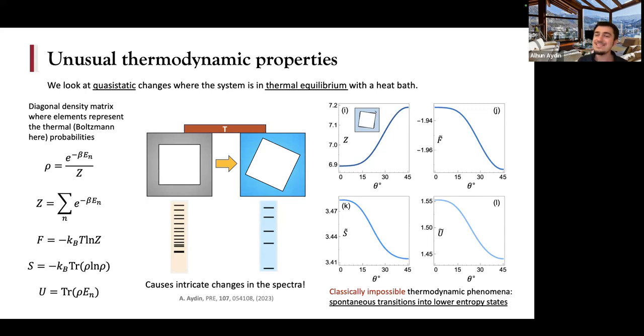So, okay, this is something classically impossible, unless you are talking about open systems. In open systems, of course, such things could occur. But here we don't have an isolated system, so we are still in contact with a heat bath, but still we have some counterintuitive behavior in the thermodynamic properties.